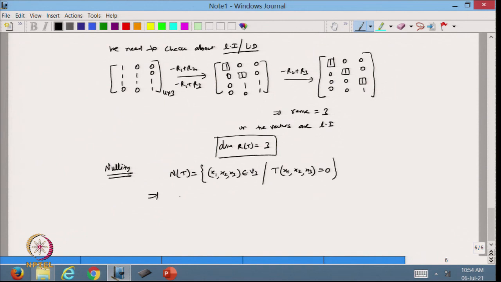So, from here I will get (x1, x1 plus x2, x1 plus x2 plus x3, x3) equal to (0, 0, 0, 0), because this belongs to V4, and the zero element of V4 contains 4 elements. Equating the values, x1, x2 and x3 all come out to be 0.